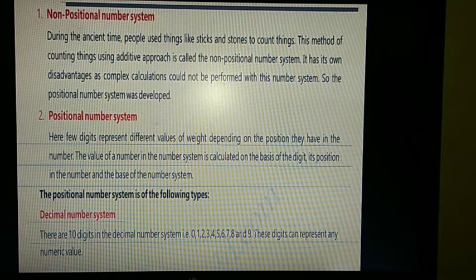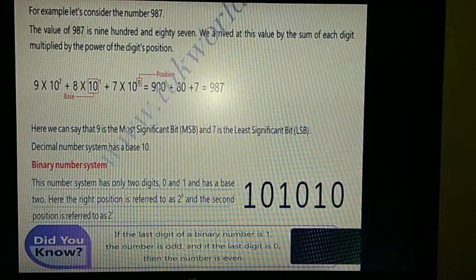I have even explained that positional number systems have several types. I explained the decimal number system. By the term decimal it can be understood that it consists of 10 digits starting from 0 to 9, and the base of the decimal number system is always 10.